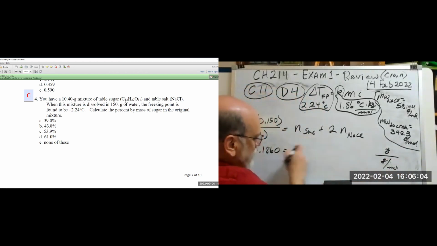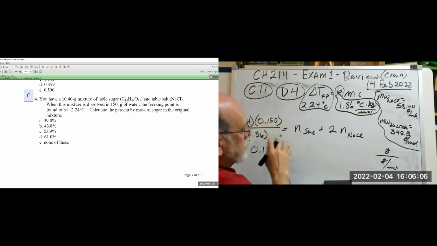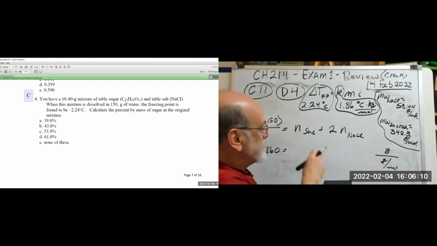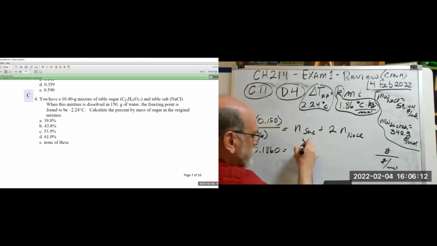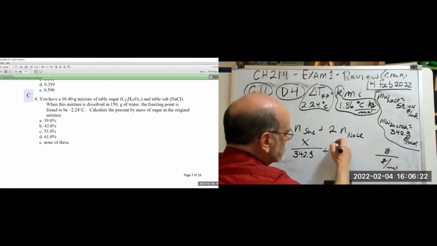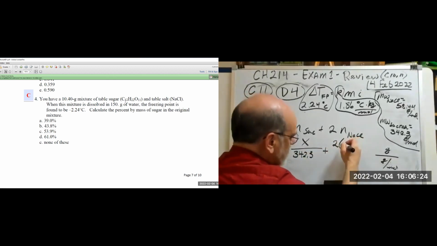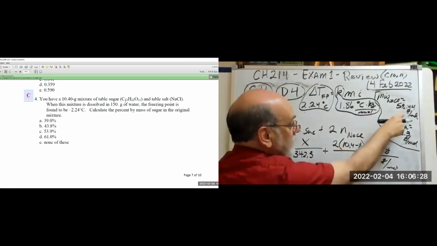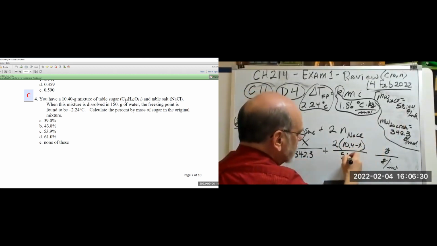So what we have is the unknown X is the moles of sucrose. That's the mass of sucrose divided by 342.3. And then this one is 2 times 10.4 minus X divided by 58.44.